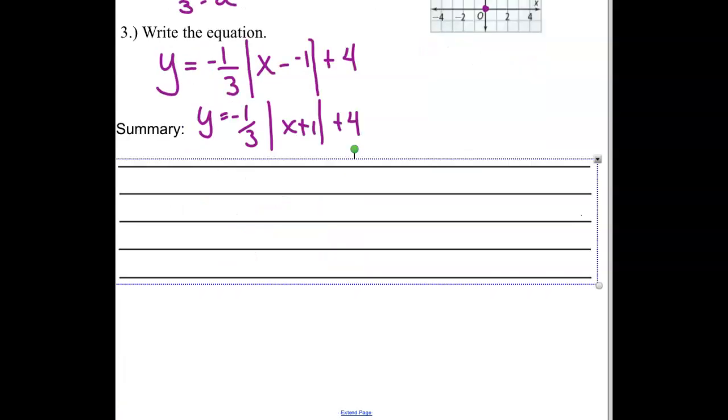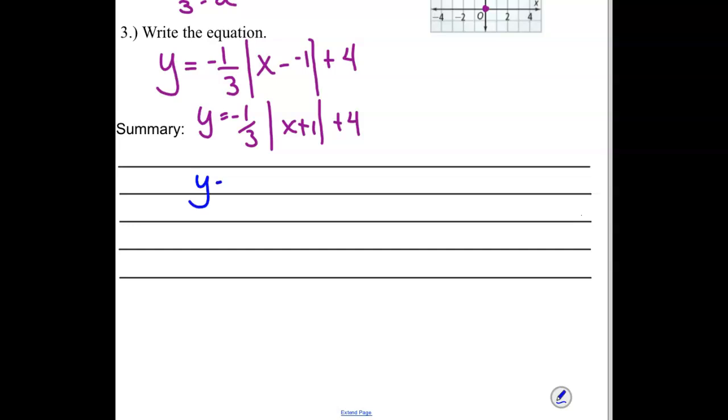All right, so analyzing our equation, y equals a times the absolute value of x minus h plus k. This a value identifies any kind of reflection over the x-axis if it's negative. So negative means we reflect over the x-axis, which means it would be upside down.